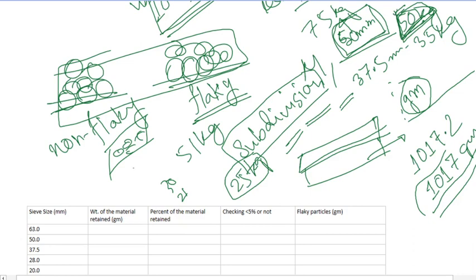While conducting the test, there will not be any probability of particles which are less than 50 millimeter but not passing through this 50 millimeter sieve. In case of 37.5 millimeter, if it is greater than 35 kg, you should subdivide it, because then there will be almost no probability of any particle, whose size is actually less than 37.5 millimeter, not passing through. So that's why this usual range is used.